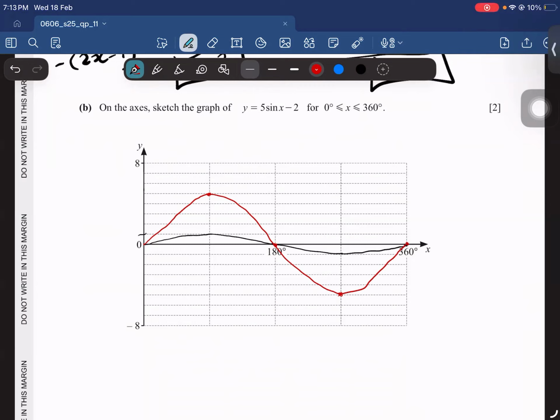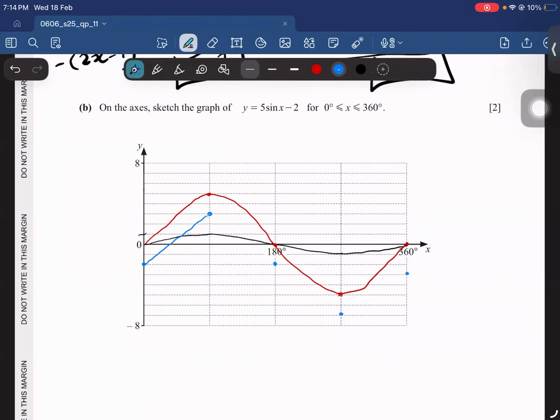And minus 2, we know that if the minus 2 isn't inside any brackets and it's just outside, not inside the x function, then it is a vertical shift downwards or upwards. In this case, it's downwards by 2 units, which means I'm going to shift my graph 2 units down. This goes there. That goes there. That goes there. This goes further down, and that's there.